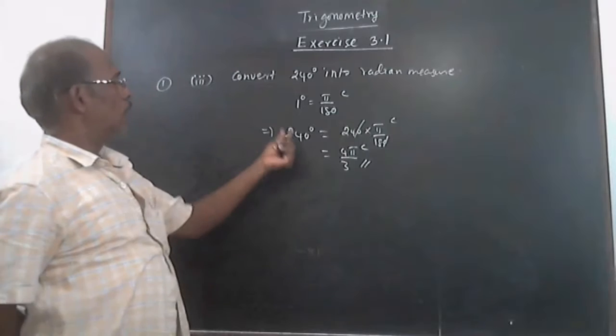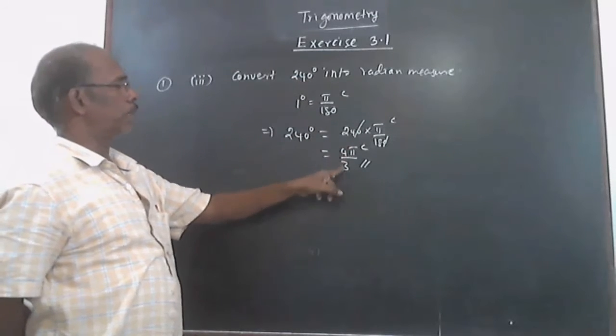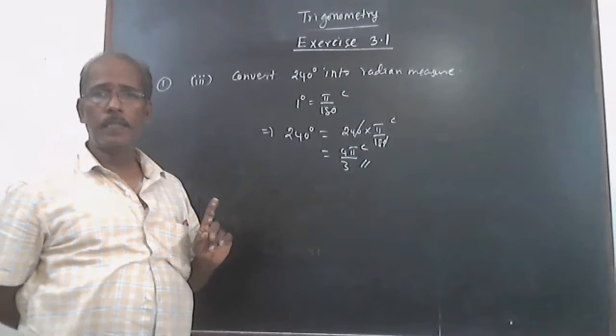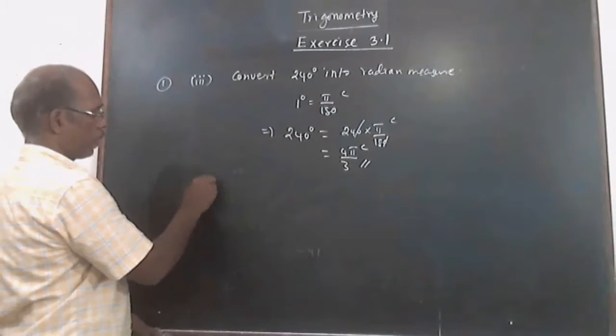So dear student, 240 degree is nothing but 4 pi by 3 radian. Clear? Now we'll go to the next subdivision.